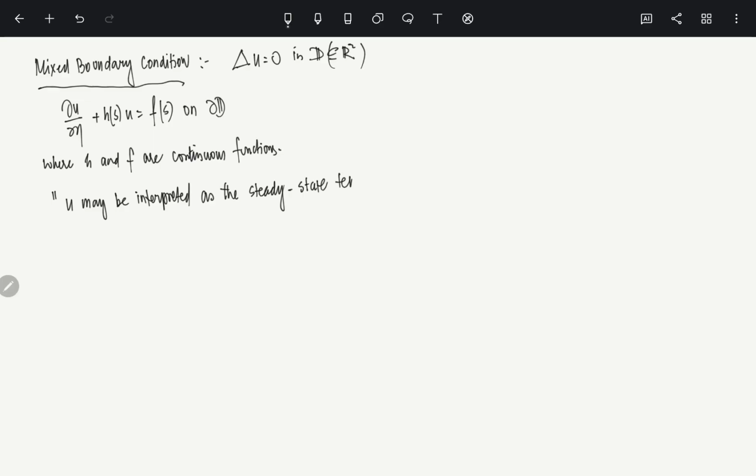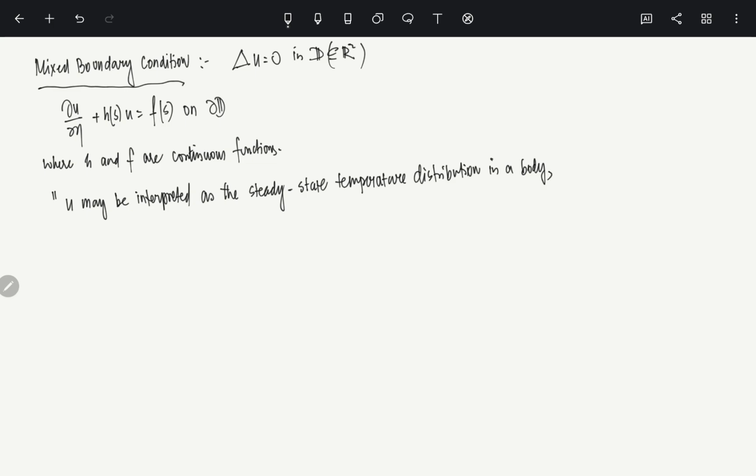Steady state temperature distribution in a body. So you see, since Laplace u = 0, it basically says that is the steady state temperature distribution in the body. Now the point is this: the boundary data will determine what exactly I am trying to do.